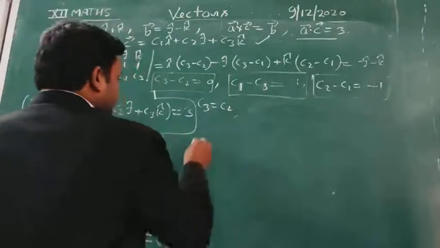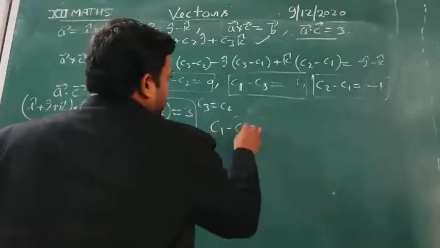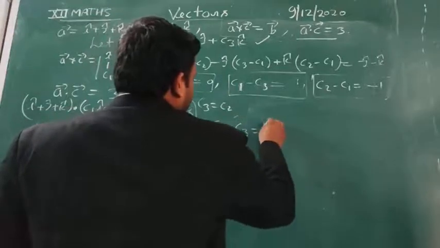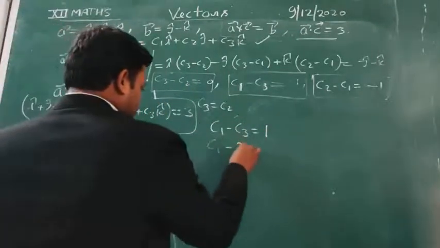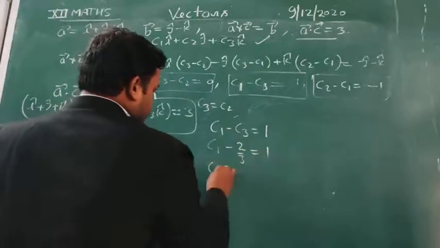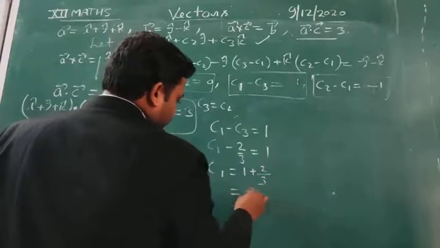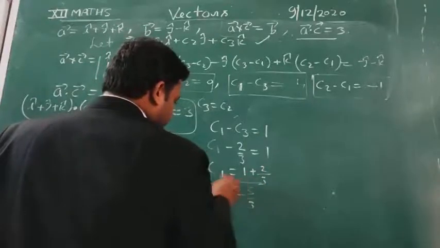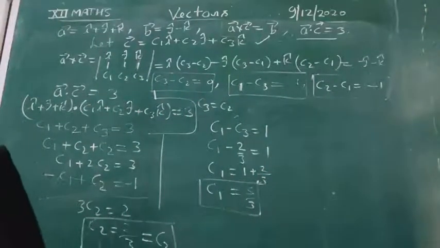We are saying that C1 minus C3 is equal to 1. So C3 is 2 by 3, so C1 will be 1 plus 2 by 3, so it will be 5 by 3. Okay, student.